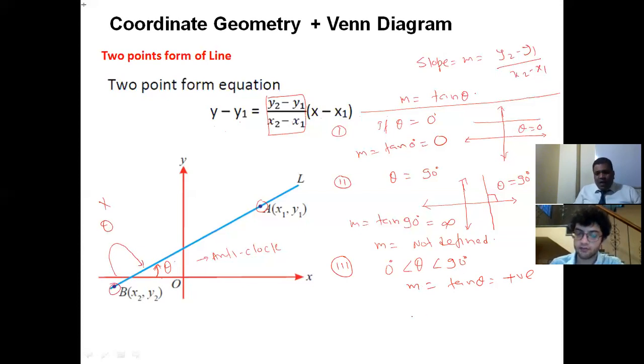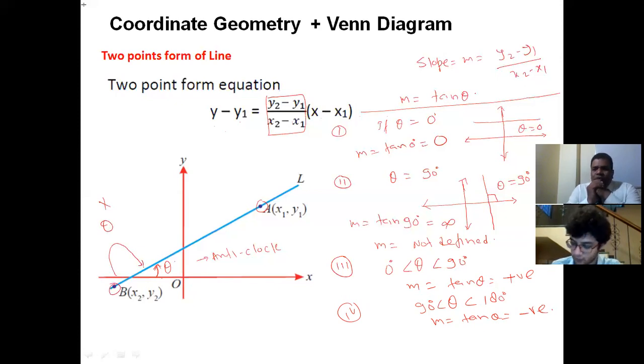And fourth scenario: theta is greater than 90 degrees and less than 180 degrees. In this case, the slope of the line m, which is tan theta, is always negative. So the slope of the line is also negative. I hope this is clear. Yes, clear.